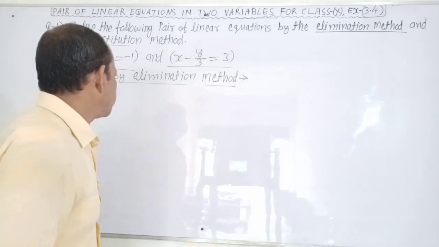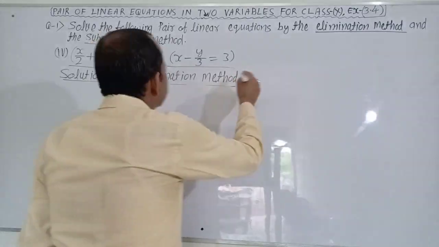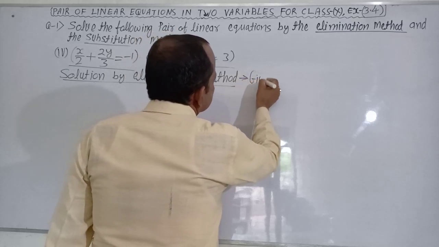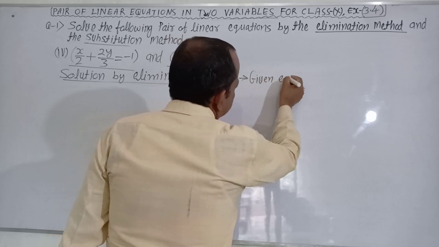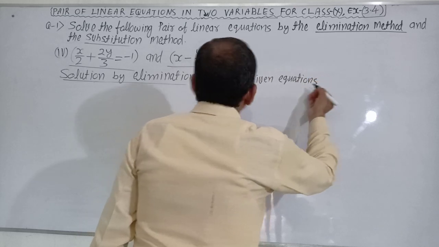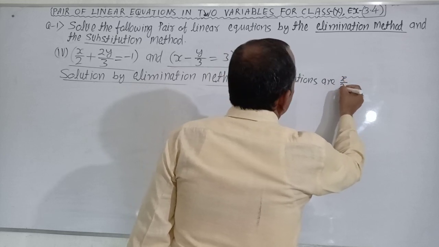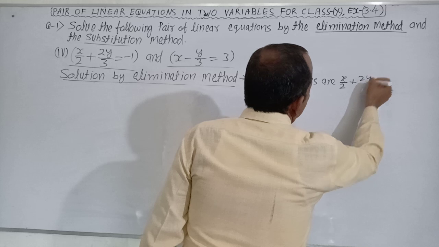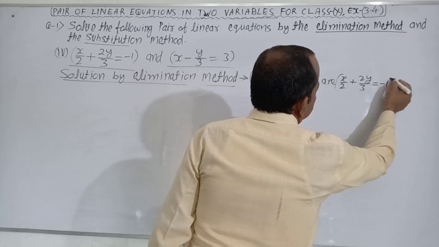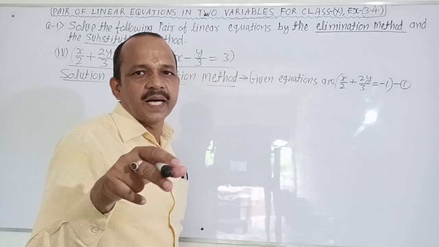Clear? See the solution by the elimination method. Clear? Given equations are x by 2 plus 2y by 3 equal to minus 1, and it is the first equation.